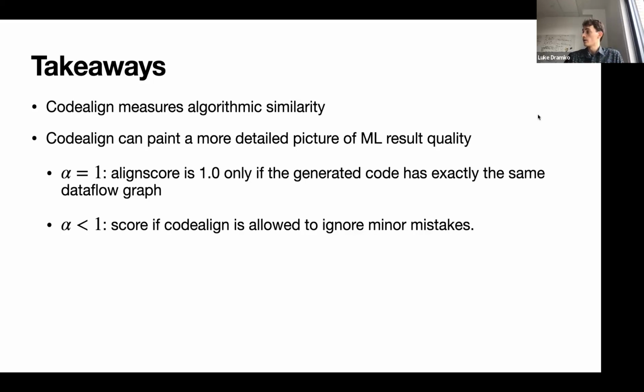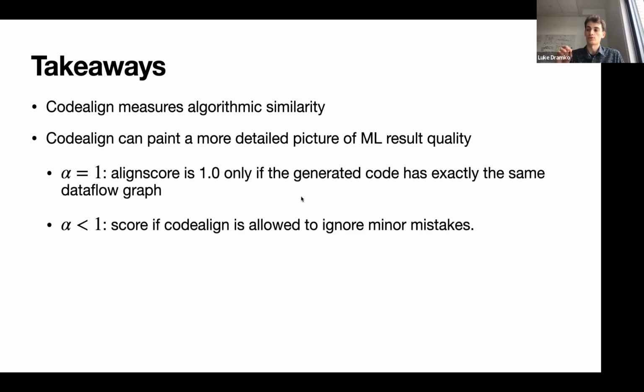So it depends on the task. Another way to say this is that this thing always measures algorithmic similarity, but whether or not you care about algorithmic similarity is something else. I had a slide a little bit earlier where I listed a number of tasks.